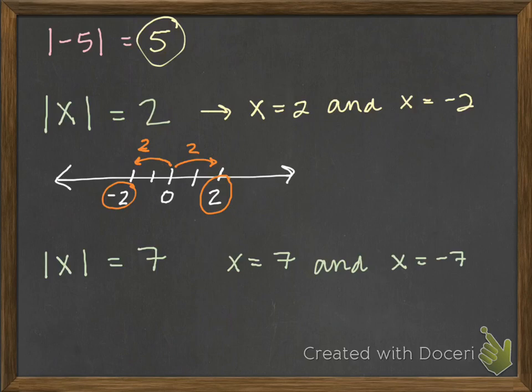But let's look at some more complex problems here. Let's do the absolute value of x plus 3 equals 8. With this one, 8 is our distance from 0. So we need to be 8 units away from 0. I know that positive 8 is 8 units away from 0 and negative 8 is 8 units away from 0.